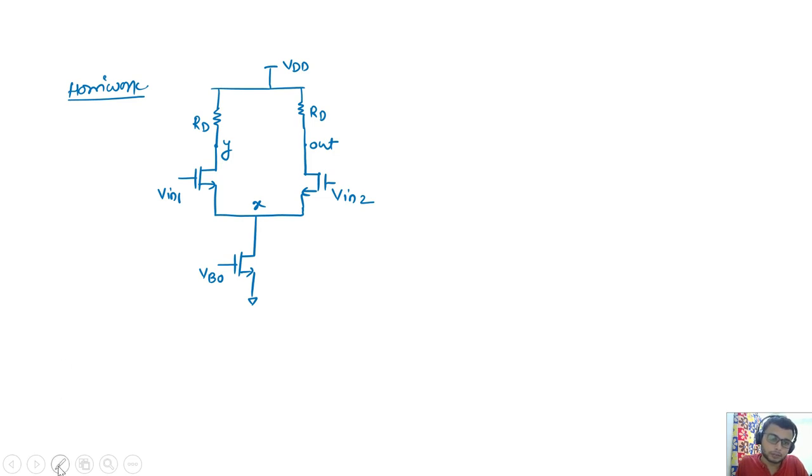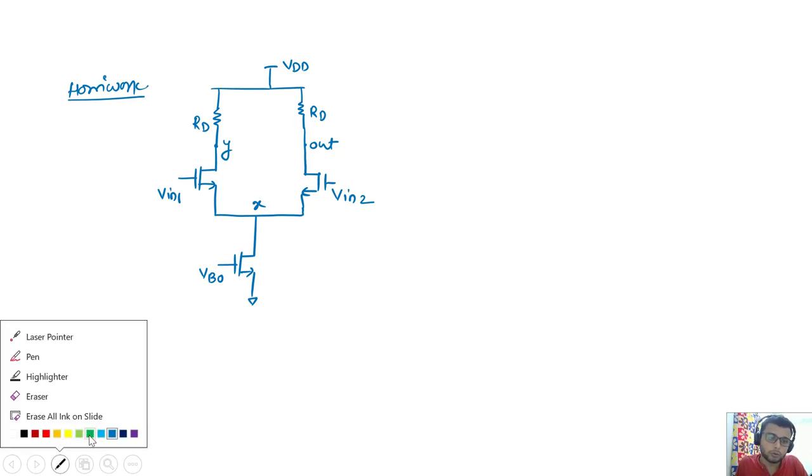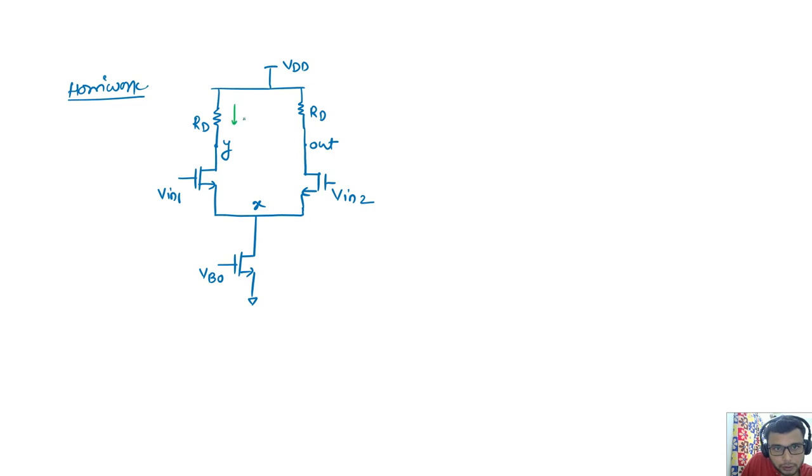We can see how these currents, which I call ID1 and ID2, behave, and what the variation at node Vx is. We have to see the plots for two types of variation.